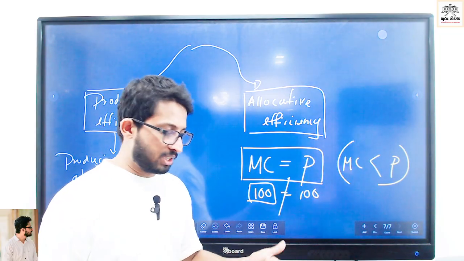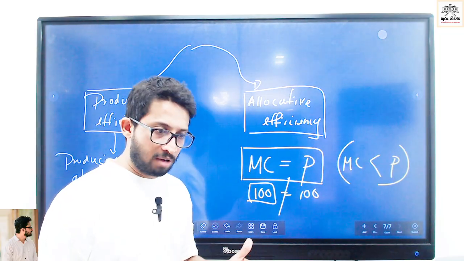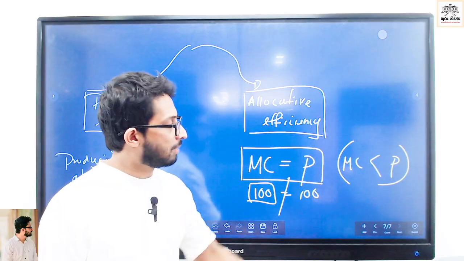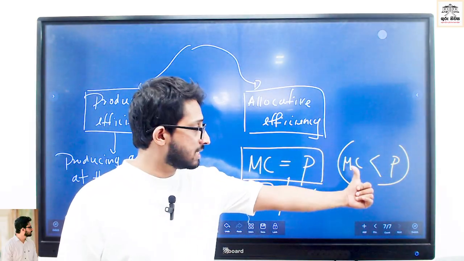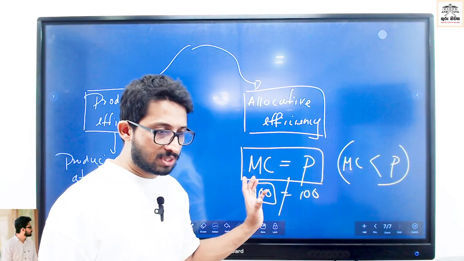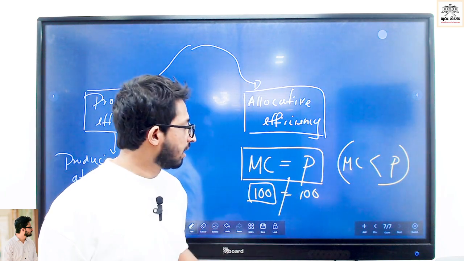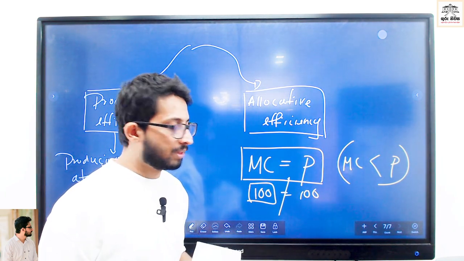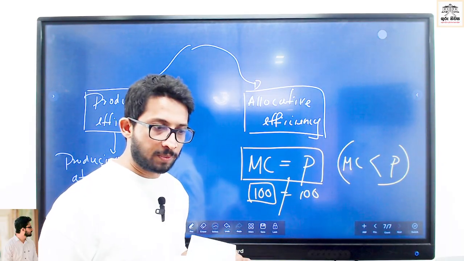But in a monopoly market, due to the massive market power, they charge a higher price than marginal cost. Then tell me, is marginal cost equal to the price of the product or not equal?